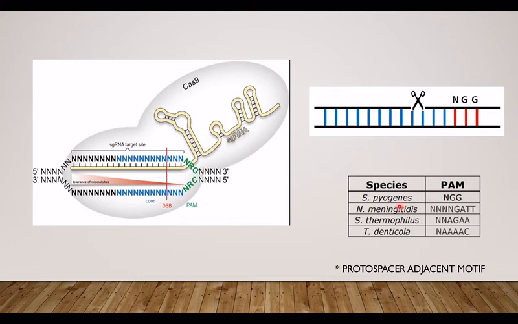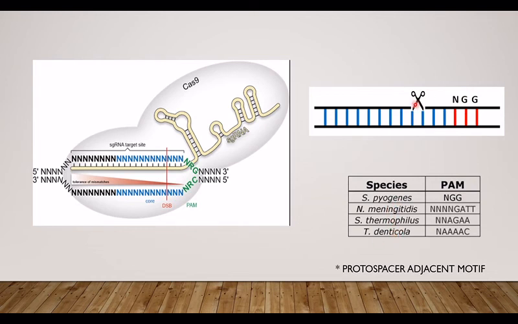For example, in S. pyogenes the PAM sequence is NGG, where N stands for any nucleotide of choice, and GG is guanine. If the sequence right next to the target site is not NGG, the double-stranded break is not made in the case of pyogenes.